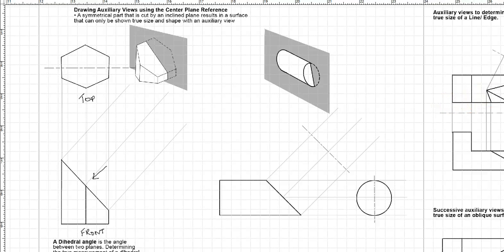So I'm going to put a parallel line with respect to this surface, and again this is going to be my center line for the auxiliary view, which is the same as over here.